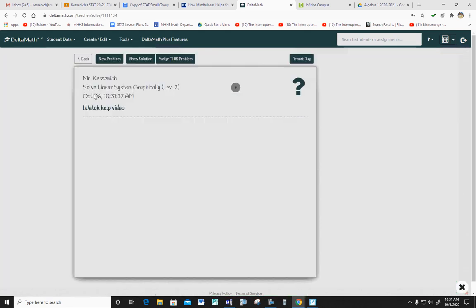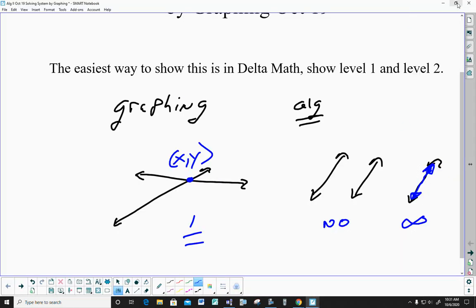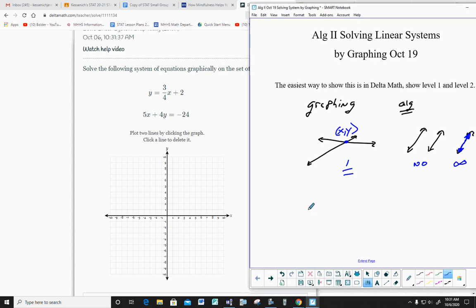There we go. So in this, what's going to happen is that they're not going to give you both equations in slope-intercept form. So this one, you can graph straight away, but this one you can't. So 5x plus 4y is equal to -24. So I have to solve for y.